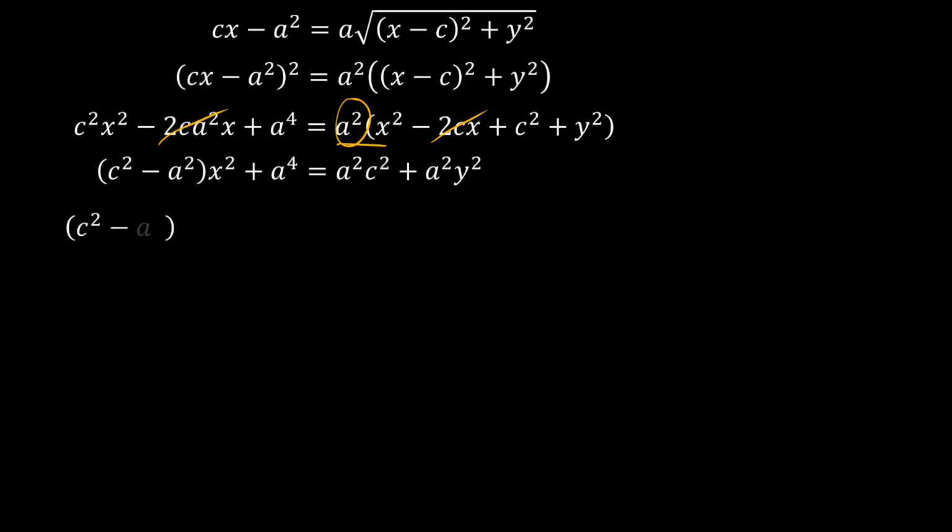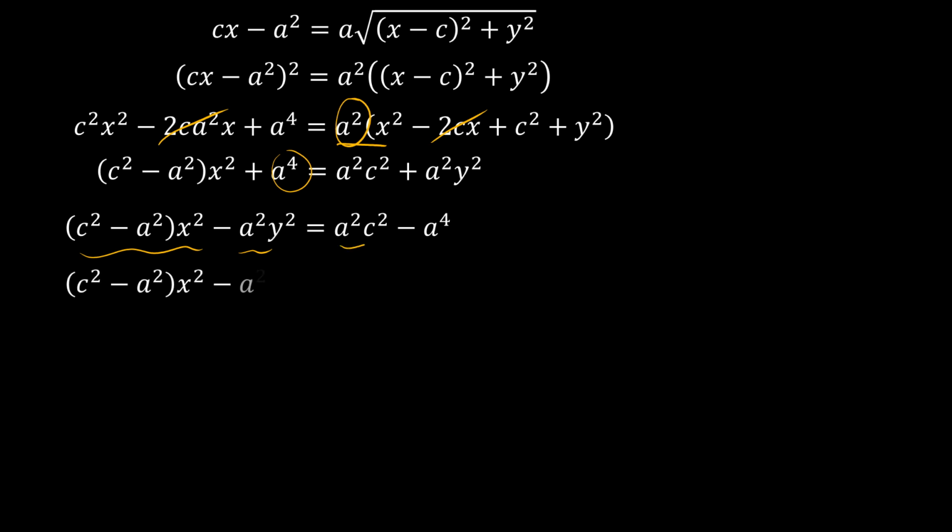Keeping this term as it is, we can also bring a squared y squared onto the left hand side by subtracting both sides, and so taking a to the power 4 to the right hand side, we have a squared times c squared minus a squared.